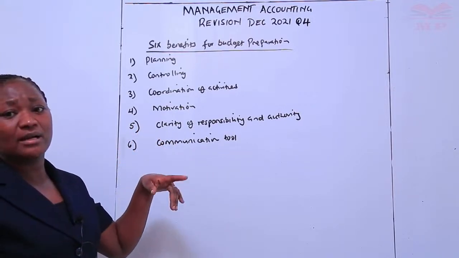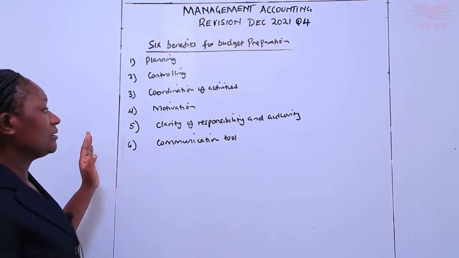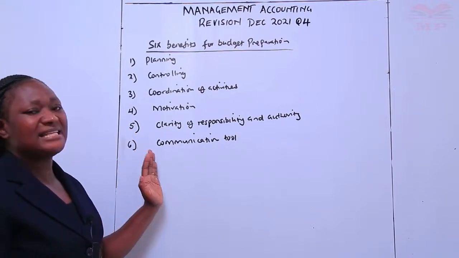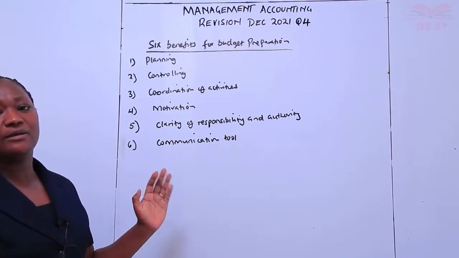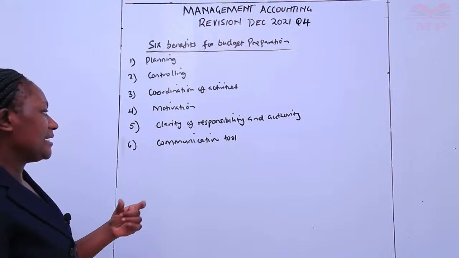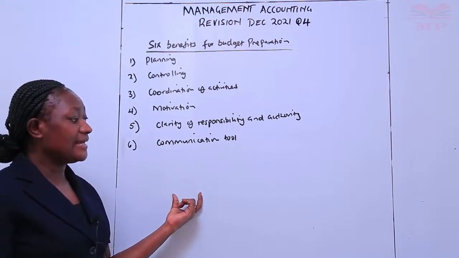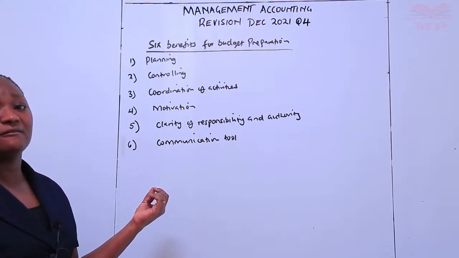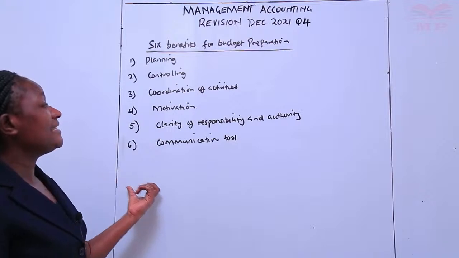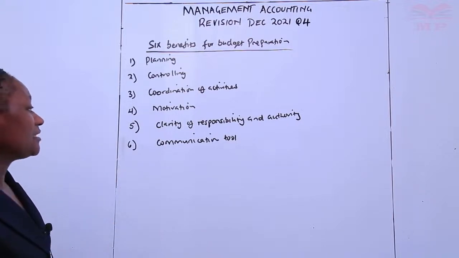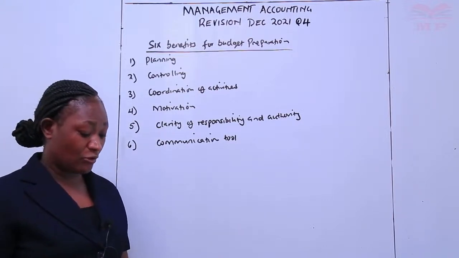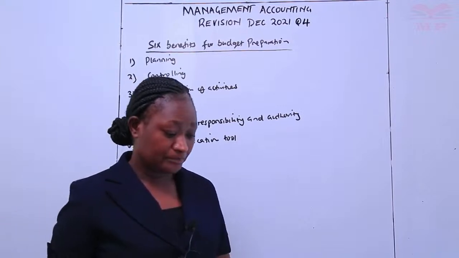We have both vertical and horizontal communication, and therefore we say that a budget itself is communicating what needs to be done, and during the budgeting process, again, there is communication involved. And therefore, through budgeting, we can have a benefit of a budget being used as a communication tool.